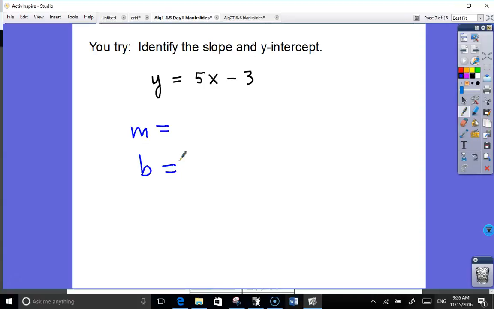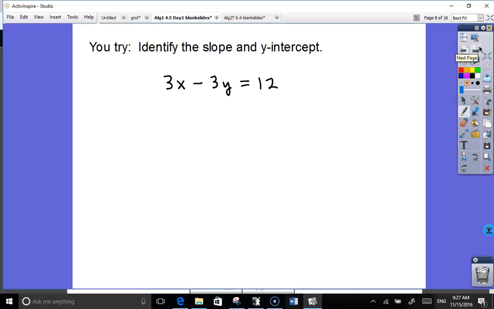What's the slope? I'm still asking, what's the slope? There you go. Slope is 5. And how about Lily? What's the y-intercept? -3. Done.